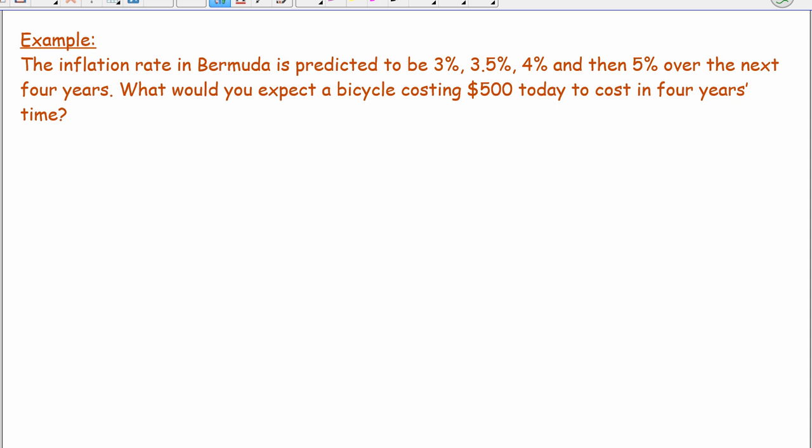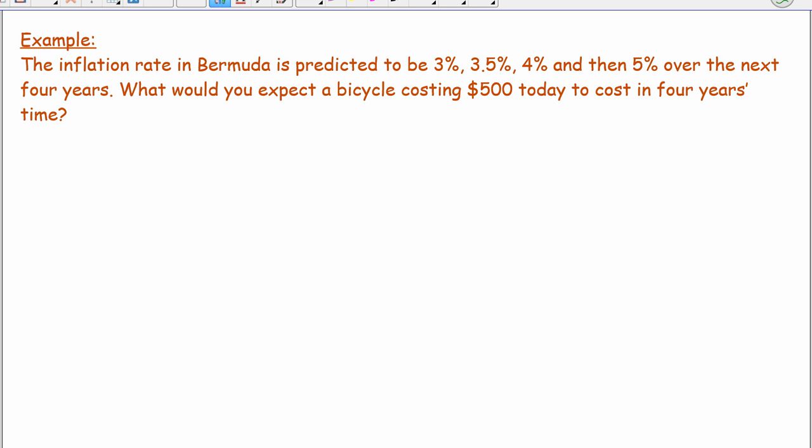Okay, I'll look at 2 examples on how you can use those ideas in a real life situation. So this is one example. The inflation rate in Bermuda is predicted to be 3%, 3.5%, 4%, and then 5% over the next 4 years. What would you expect a bicycle costing $500 today to cost in 4 years' time?